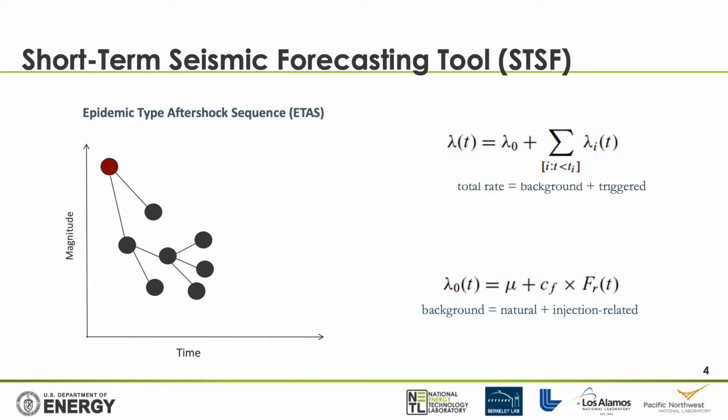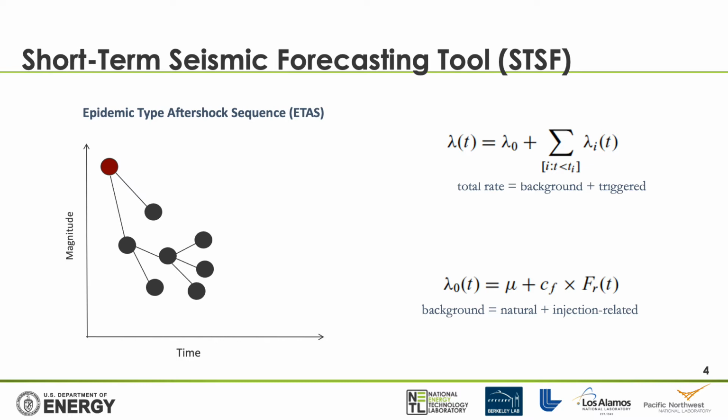The element we've added here, though, is to include the fluid injection as a modification to the background rate, as a modification to this lambda 0 term. We consider the background rate as consisting of a true natural background rate, and then some rate that is a scaled function of either the pressure that the reservoir is experiencing or, as a proxy, the injection rate.